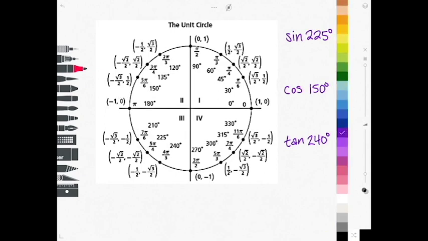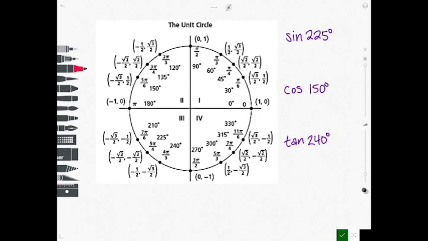Finally, I'm going to use this unit circle to find the exact values of trig ratios, and it's actually fairly simple. Then, of course, as pre-calculus, it's going to get complicated, but it won't be too bad. If I want to find the sine of 225 degrees, first I go to my unit circle and find 225 degrees.